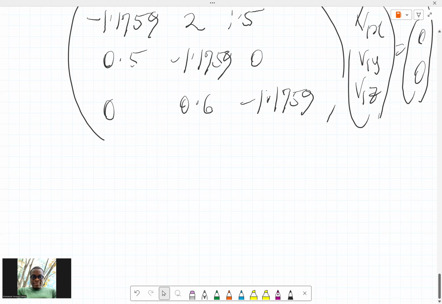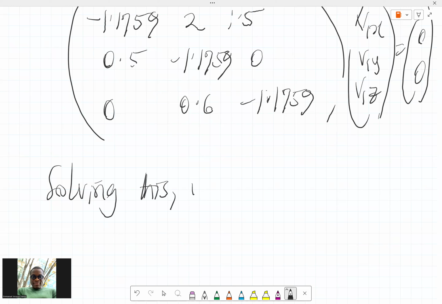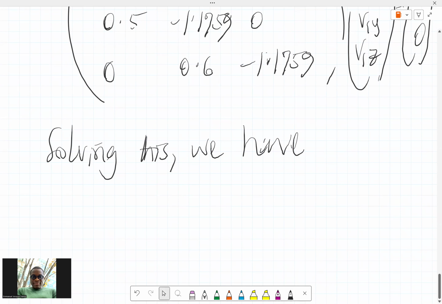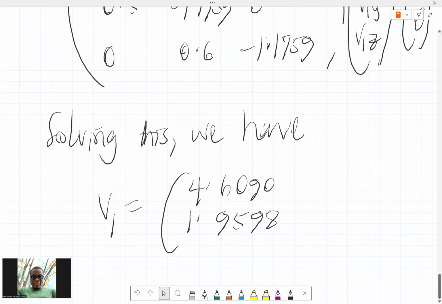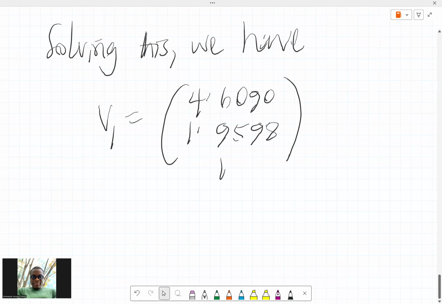So if we solve all this, we are going to have V1 equal to 4.6090, 1.9598, and 1.